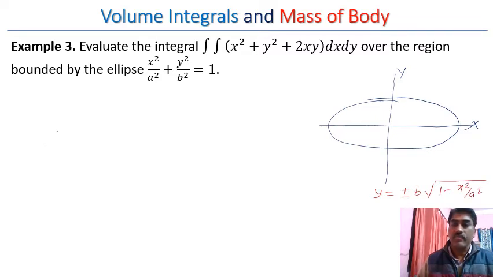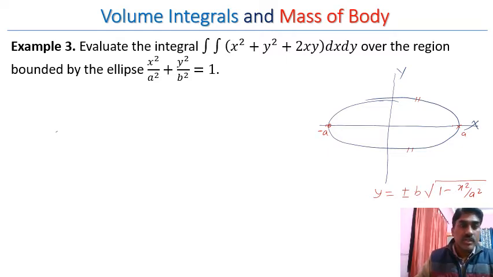The negative part will lie in the lower half and the positive part will lie in the upper half. So this is the limit of y, and the limit of x varies from minus a to plus a. We have already learned a lot about putting the limits, so if you are not able to grasp this one, you can go to any previous lecture and learn about putting the limits.